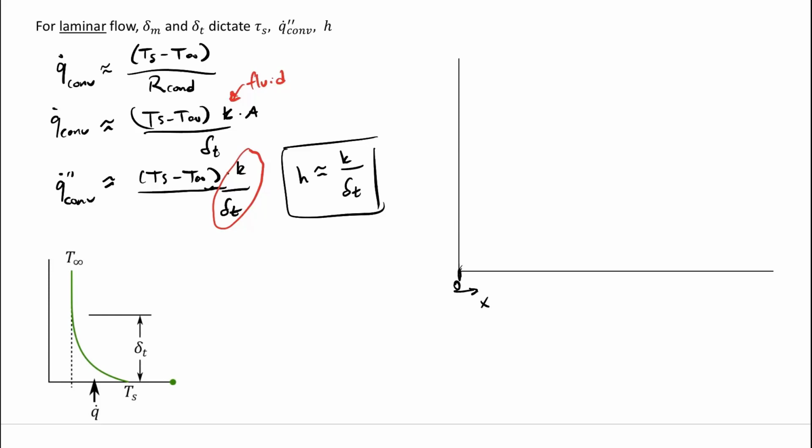If we draw the thermal boundary layer as a function of position, right at the leading edge the thermal boundary layer is 0. It starts out at 0 and then grows quickly, and it grows according to the square root of x. So it looks kind of like that. We'll label this delta sub t. Let's draw the momentum boundary layer. Let's say this is for a Prandtl number less than 1, so it would be like this.